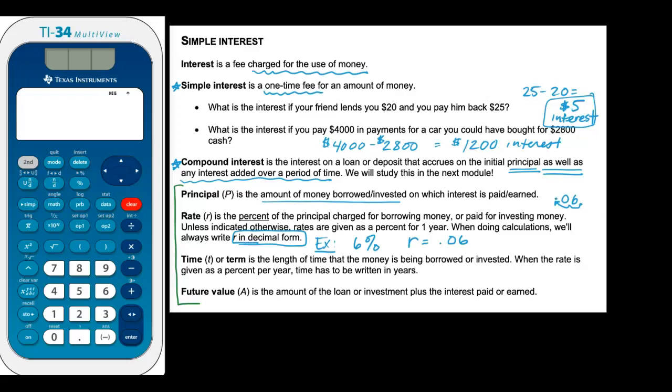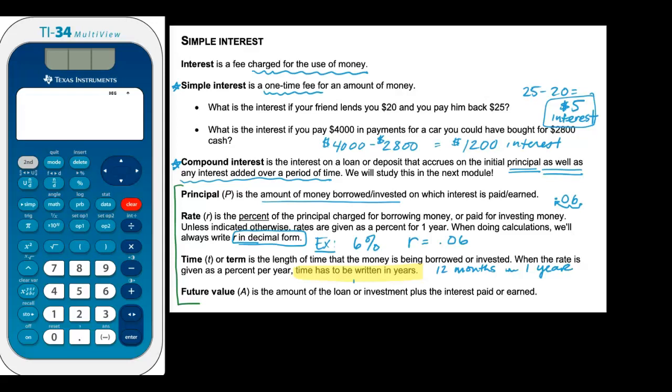Then we've got time, the amount of time that the money is being borrowed or invested. The time always has to be written in years, and that's really important. There could be a situation where the problem gives you months, and if it does, you're always going to have to convert to years. Remember that there are 12 months in 1 year.